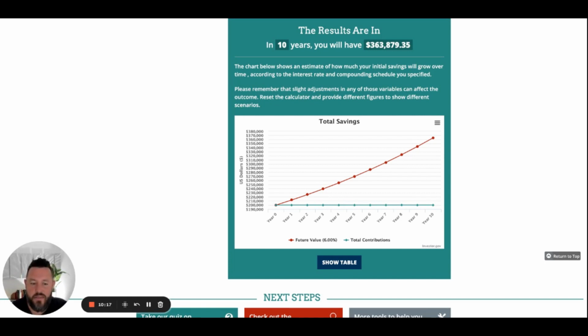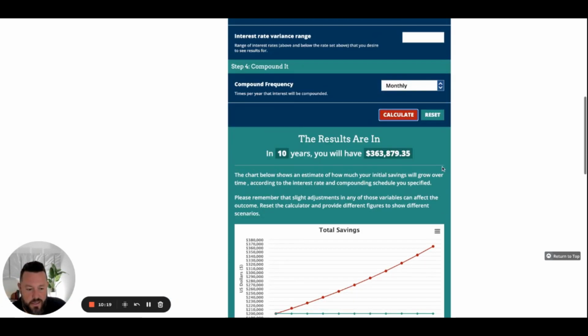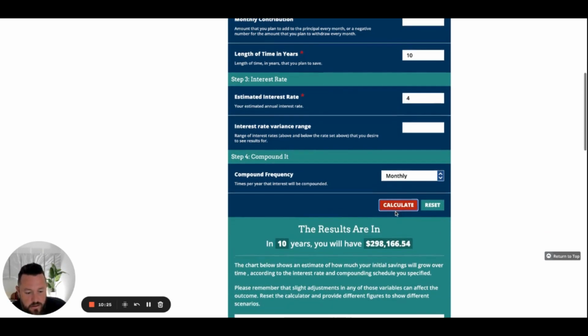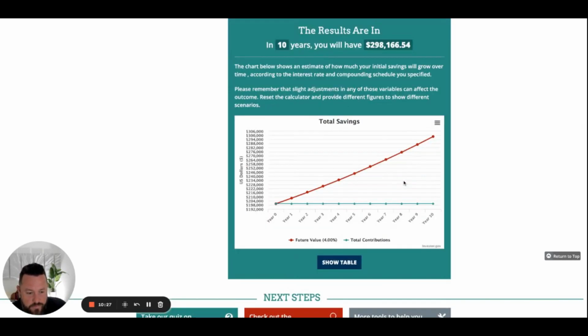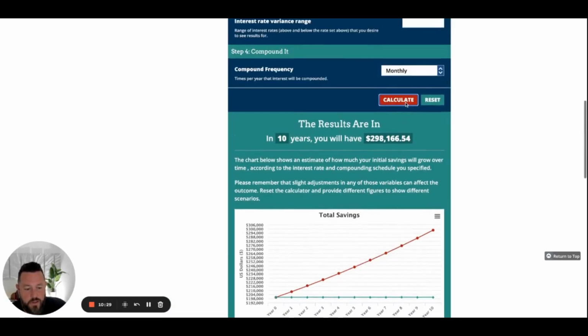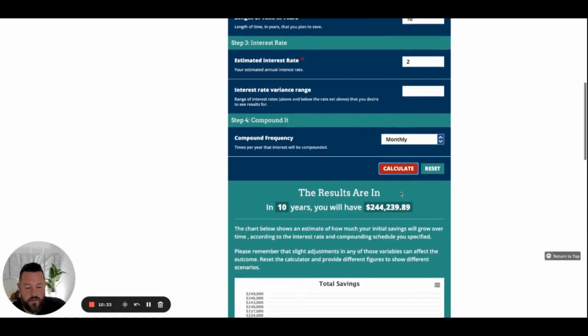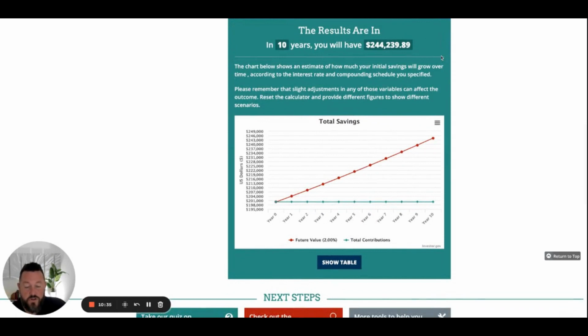Is it that big of a deal to go from 2 to 4%? Well, let's look. We said 4% was right at 298. If you're making 2 after 10 years, you have 244. That's a pretty big difference, especially since when you're retired, you're no longer earning that money.